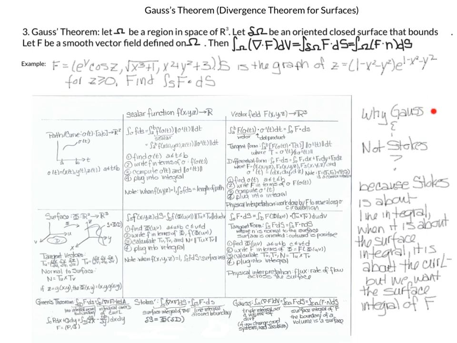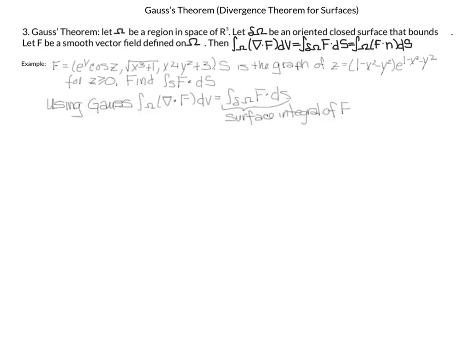Either the divergence is 0 or the curl is 0. And to summarize why we didn't choose Stokes, Stokes is about the line integral on one side of the equation. On the other side, it's about the surface integral of the curl, which is not what we want at all, which is why we went with Gauss. Whereas Gauss's theorem is a surface integral, and we can use it to convert to a volume integral.